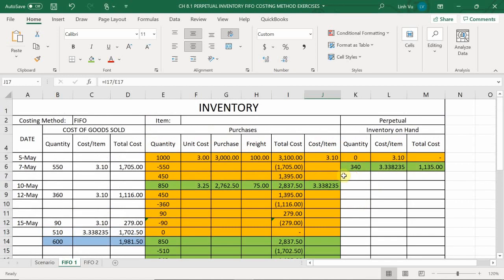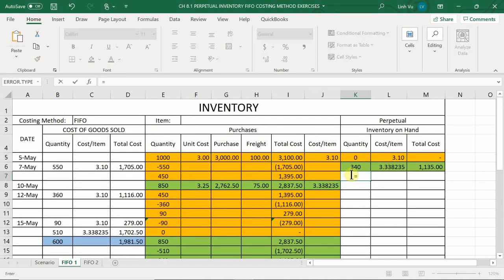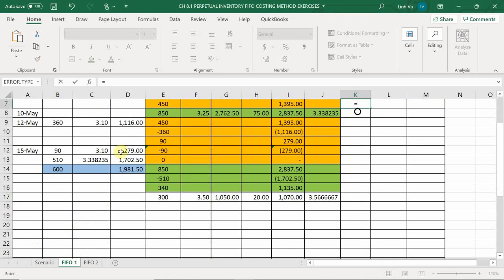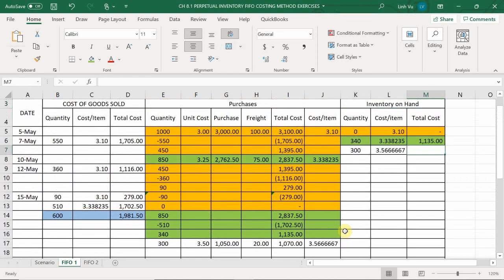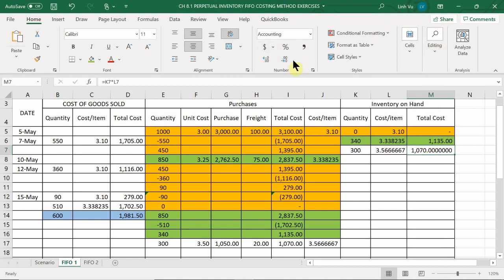So once again, I'm going to copy that information into my inventory on hand. I have 300 units at $3.5666, which should give me a total cost of $1,070.